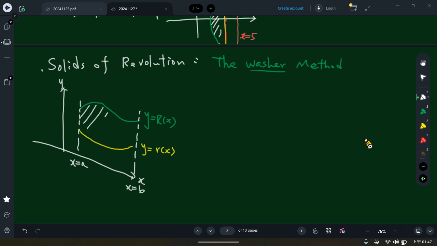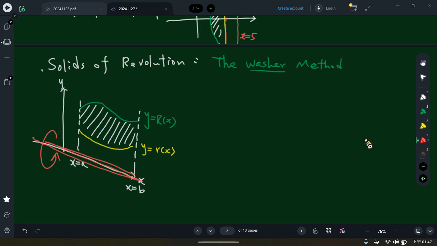Using this region and this as its rotation axis, how can you get the volume?